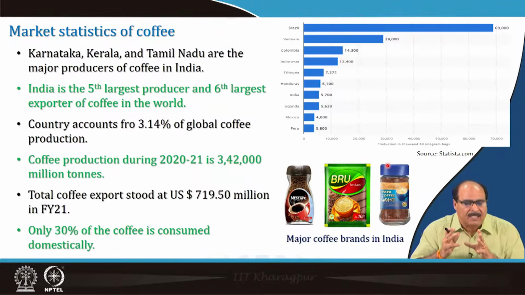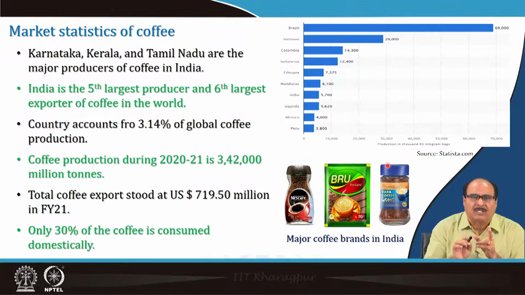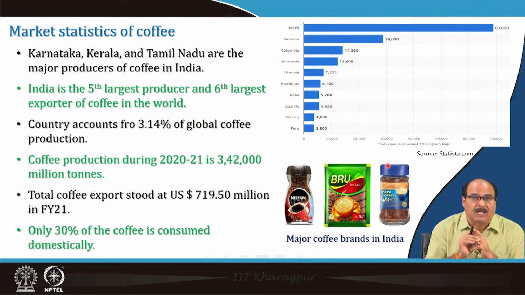As far as the market statistics of coffee is concerned, Karnataka, Kerala and Tamil Nadu are the major producers of coffee in India. India is the 5th largest producer and 6th largest exporter of coffee in the world. The country accounts for 3.14% of the global coffee production.